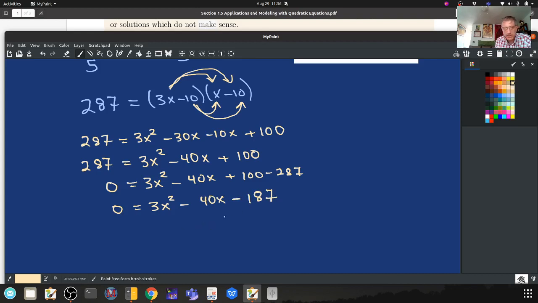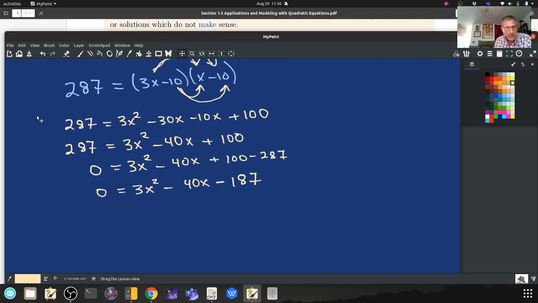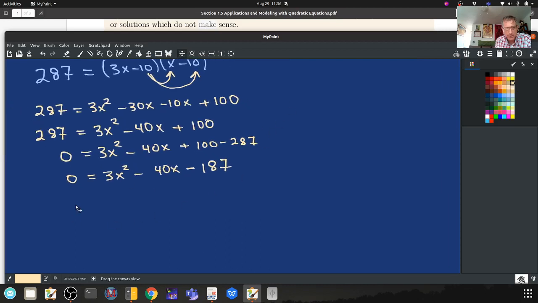So can this be factored? We have two options here, and I'm really sympathetic. You might want to write this in the standard form. It doesn't make any difference, and you might think, I don't need this, Kent, but some of you will. 3x squared minus 40x minus 187 is equal to 0.